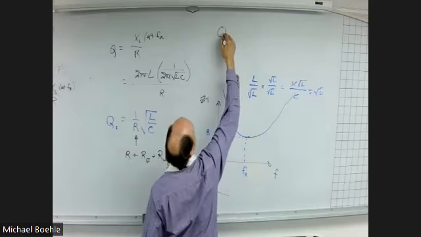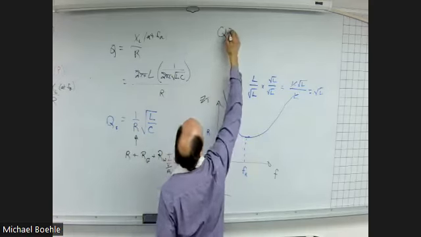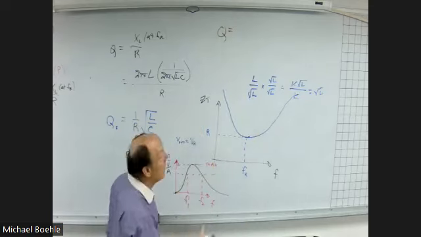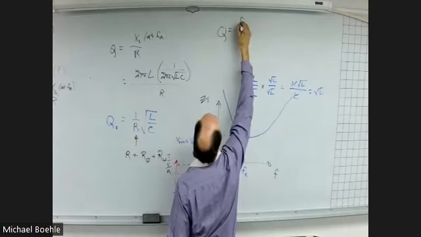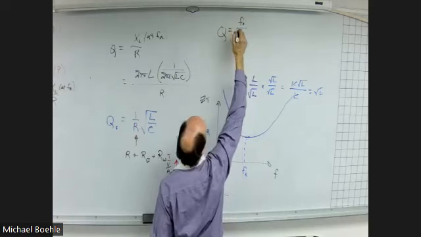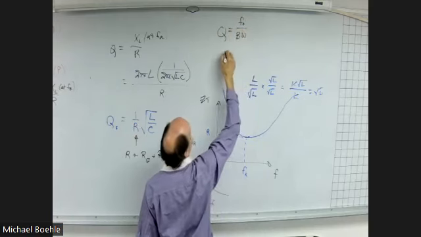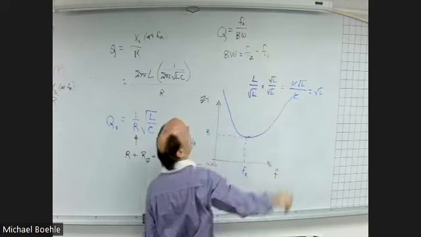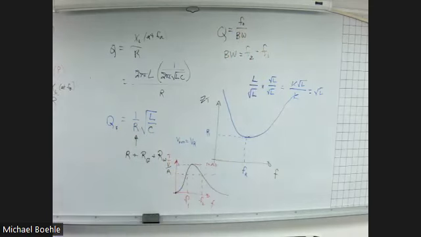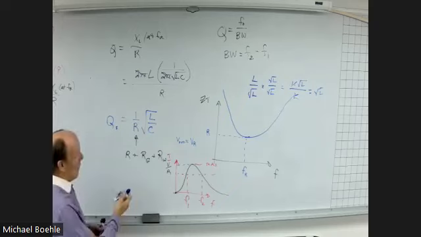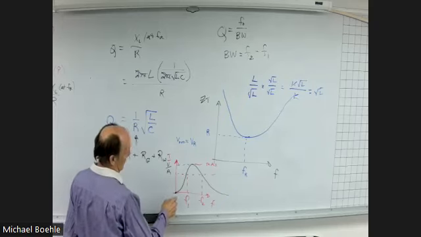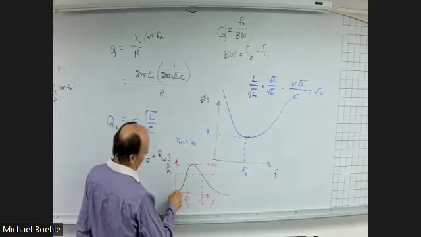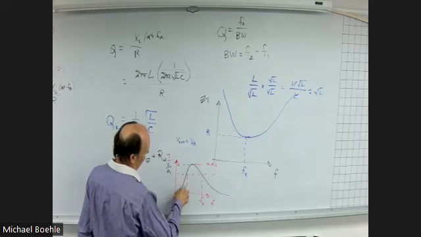Q, of course, is defined for a bandpass filter as the resonant frequency divided by the bandwidth, where the bandwidth is defined as the difference between the upper and lower cutoff frequencies. So a higher Q would result in something more like this.